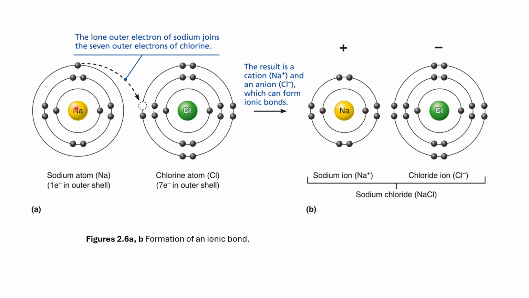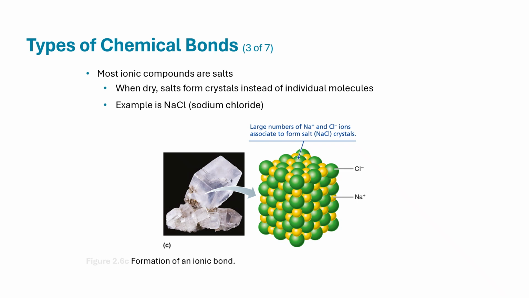When one atom takes an electron and gives it to the other atom, so that you get two ions, positive and a negative, and then those attract each other, and together they become sodium chloride. So most ionic compounds are salts, and when dry, salts form a crystal instead of individual molecules. This is sodium chloride. It's multiple little sodium chlorides, and it forms a crystal.